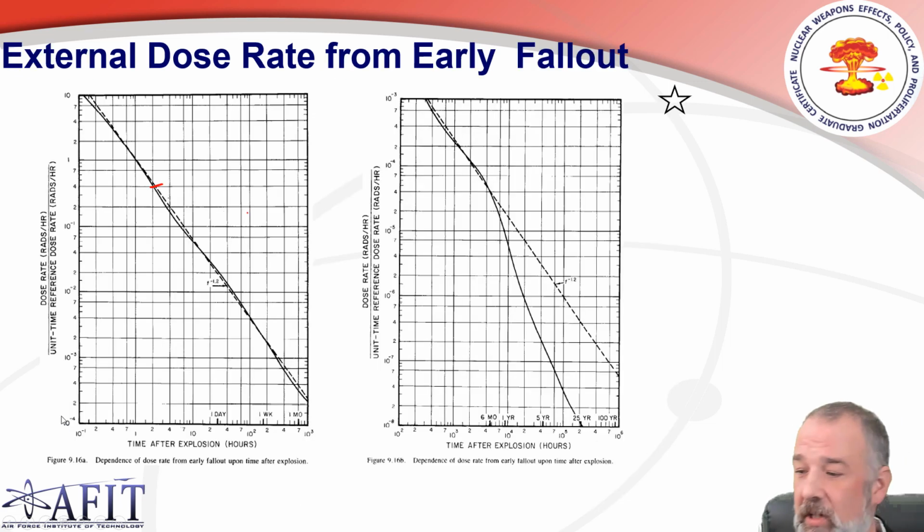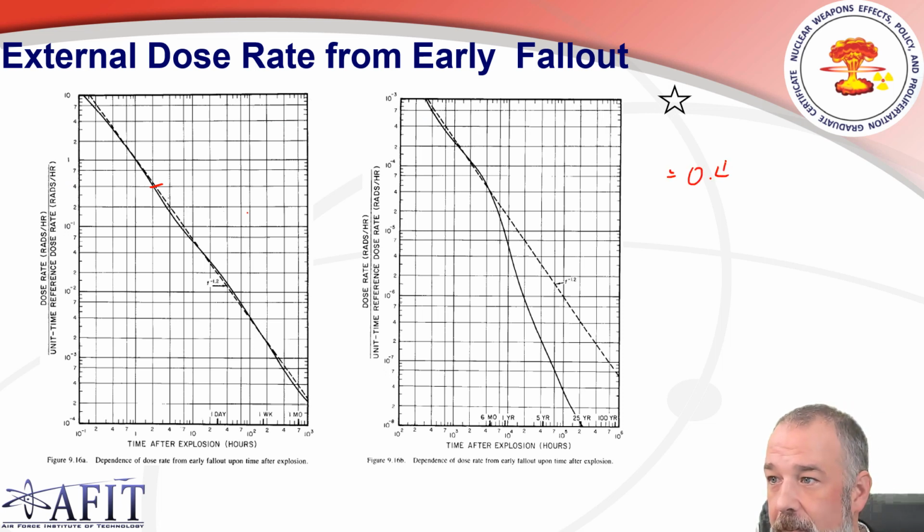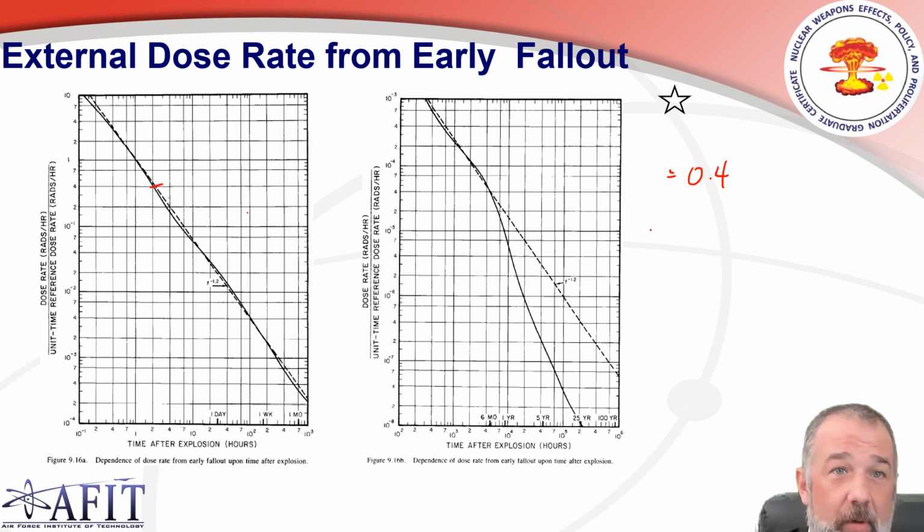Okay, and let's look at time after explosion in hours. We're going to look at 2 hours, and we're going to come up here. I already drew the red line. So again, we're at 10 to the minus 1, so this is going to be 0.4. We know from before the way that we can use this now with the dose rate that we already have to get our reference dose rate, or D_REF.